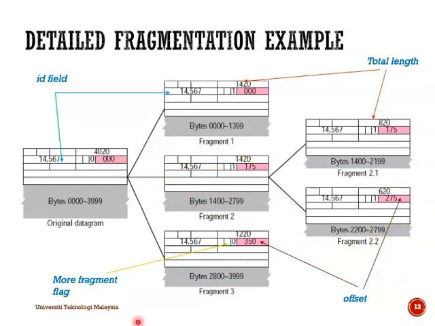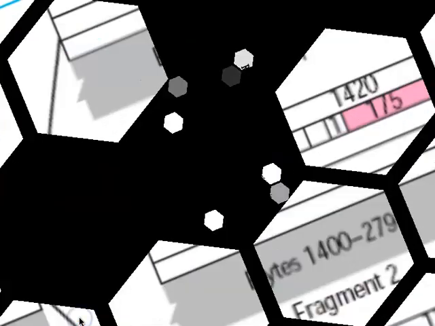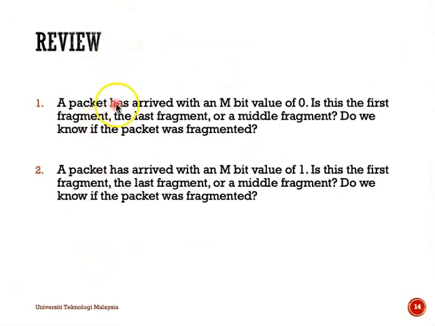All right. Next we are going to review what we have learned for today. First, a packet has arrived with an M bit value of 0. Is this the first fragment, the last fragment, or a middle fragment? Do we know if the packet was fragmented?